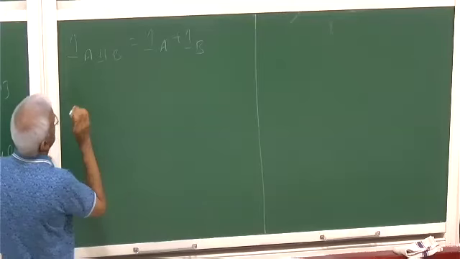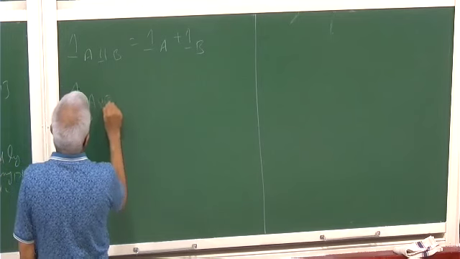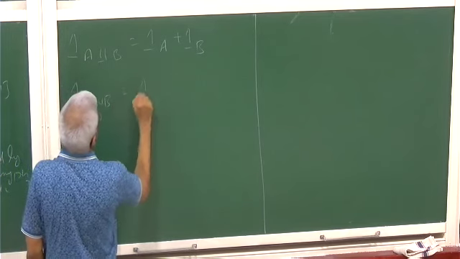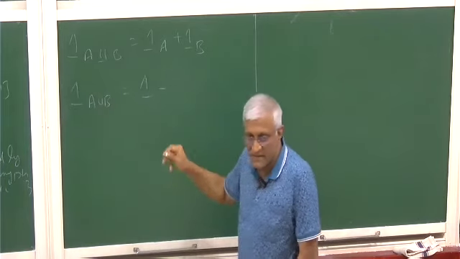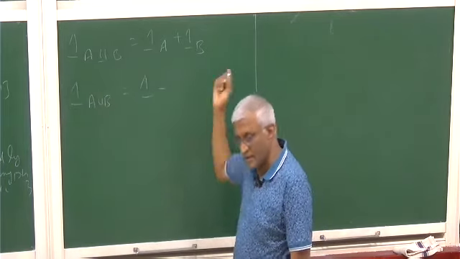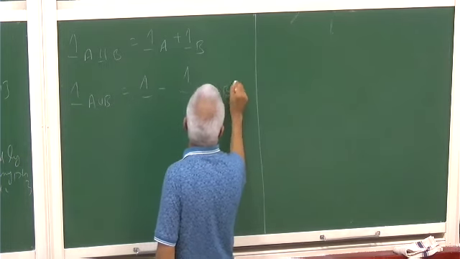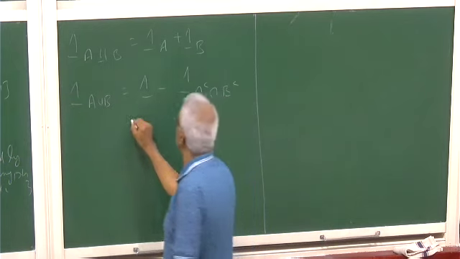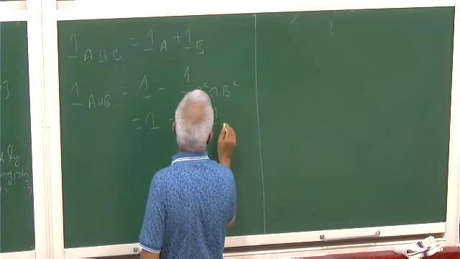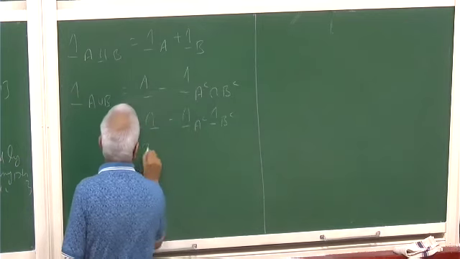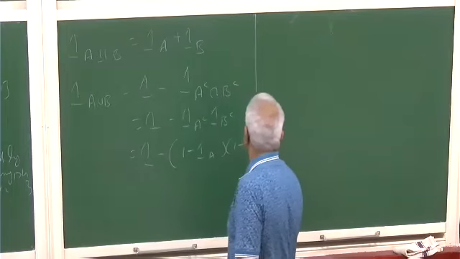And further, you can also talk about A union B, which is equal to 1 minus 1 of A complement intersection B complement. So 1 of A complement intersection B complement, right? Which is equal to 1 minus 1A complement times 1B complement, which is equal to 1 minus (1 minus 1A) times (1 minus 1B).